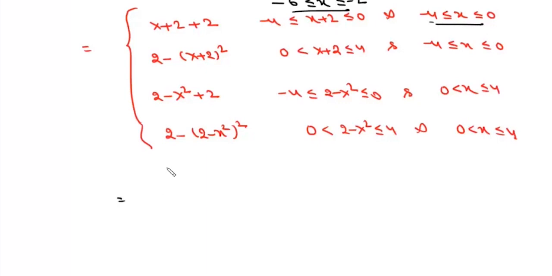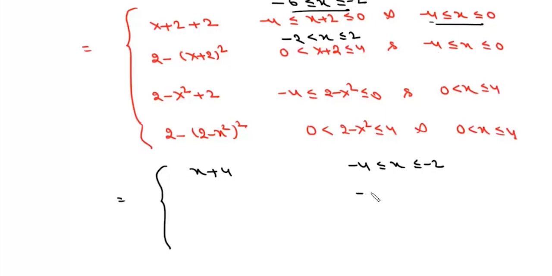So first definition is from -4 to -2, and it will be this x plus 4. Now for the second one, it will be this -2 minus x and then plus 2, and here it is from -4 to 0. So here common between the two is from -2 to 0.